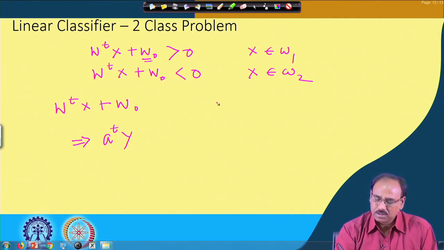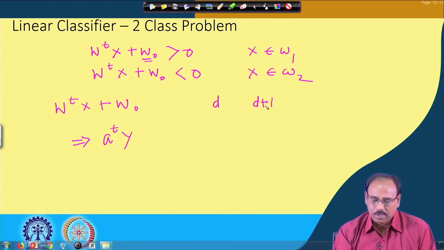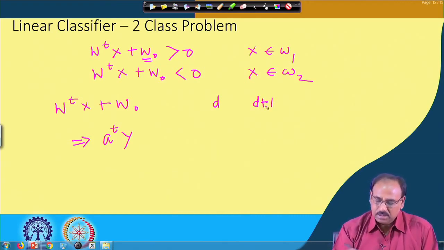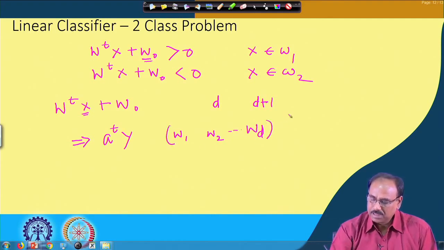So, if x is of dimension d, I have to append a 1 to this x and make it of dimension d plus 1. The way it is done is, suppose it is a d dimensional vector. So, w is also a d dimensional vector. I have w 1, w 2 up to w d, multiplied by x 1, x 2 up to x d.